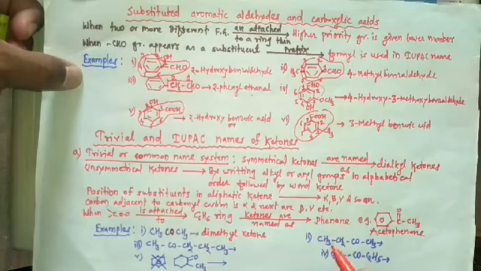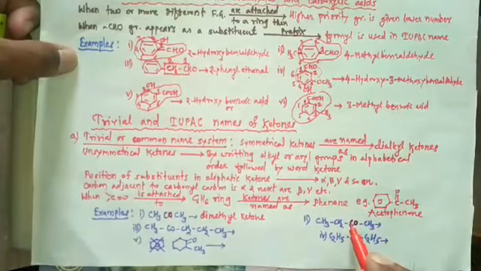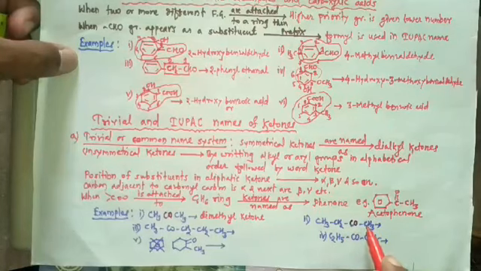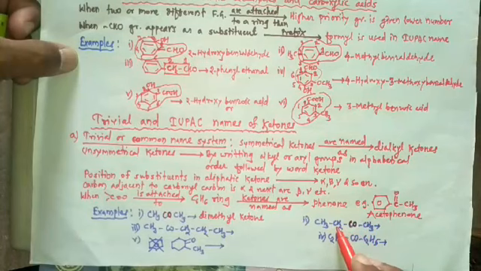Take this example. So this is the unsymmetrical ketone. Why is it unsymmetrical? Because here the carbonyl group is attached to two different alkyl groups. Here one alkyl group is methyl, another alkyl group is ethyl.